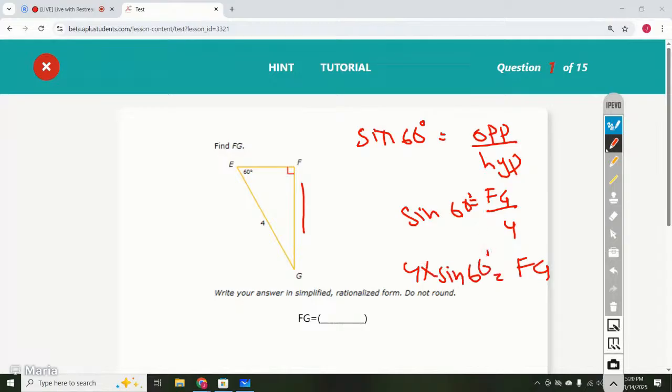Let me just use the calculator, right? Sine 60 is equal to, that is square root 3 over 2 and times 4. So 2 times 1 is 2, 2 times 2 is 4. So FG is equal to 2 square root 3.